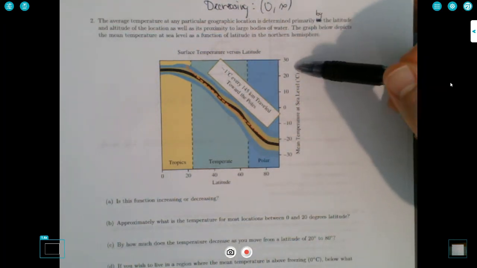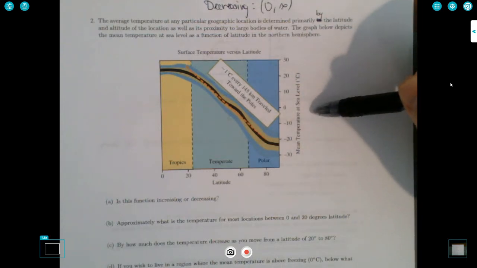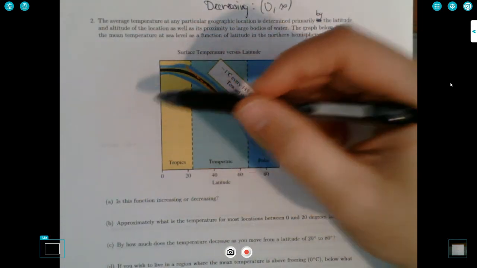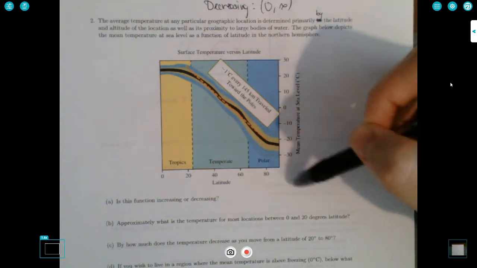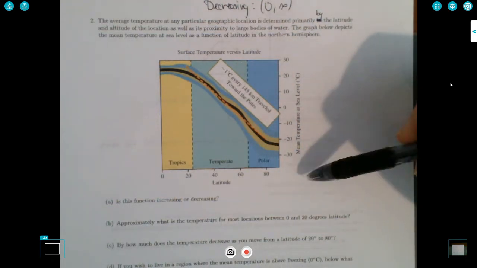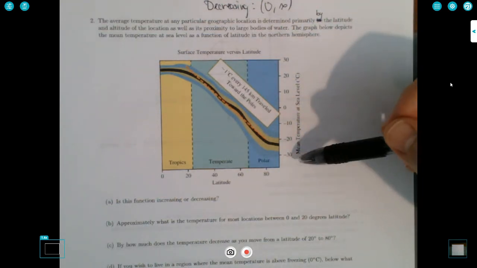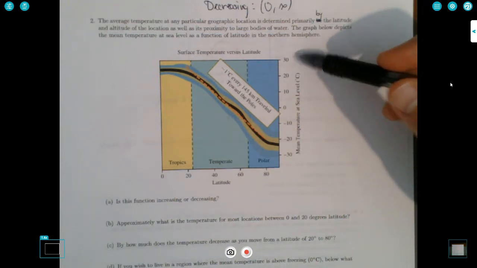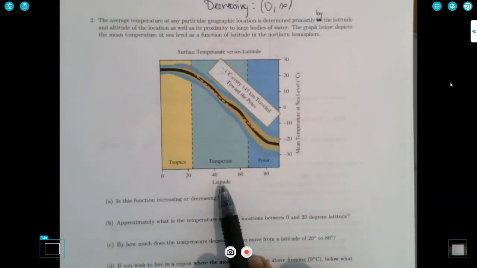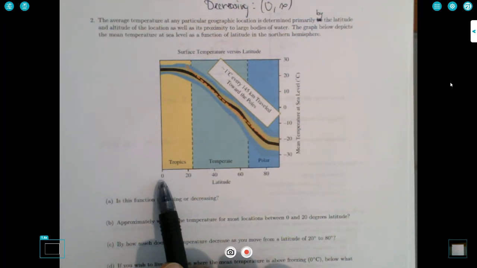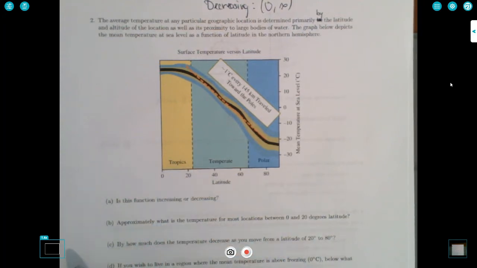Okay, so over here we have the mean temperature. And we're used to seeing these numbers over there, but that's okay, right? They can be labeled over here. That's perfectly fine. So the mean temperature, negative 30 all the way up to positive 30. And then we have the latitude. So if you're between 0 and 20 degrees latitude, then you're in the tropical zone.